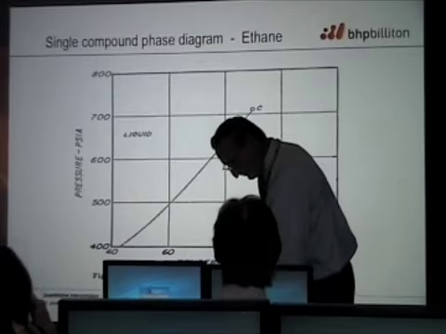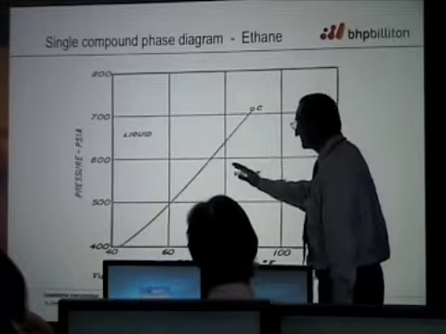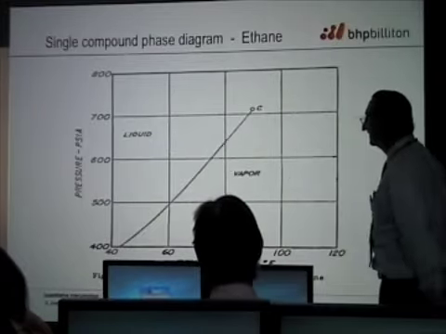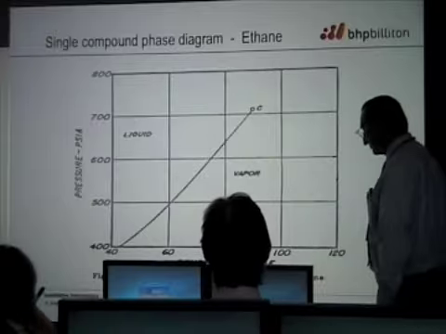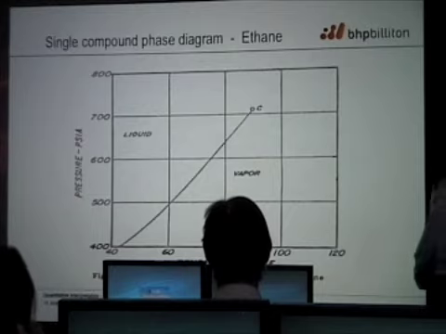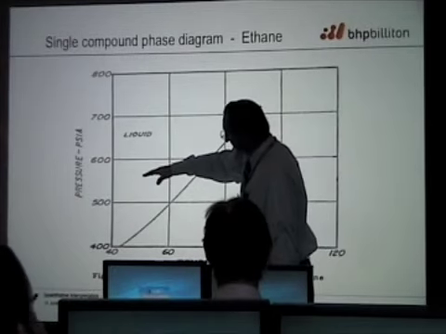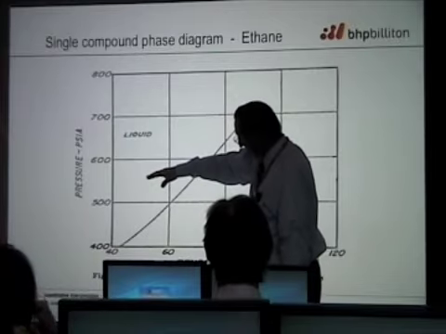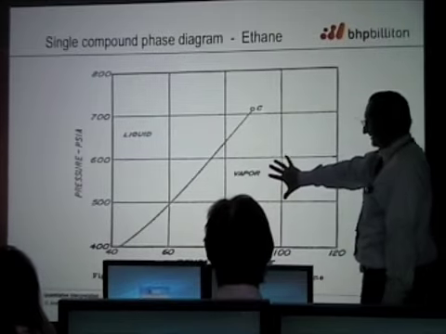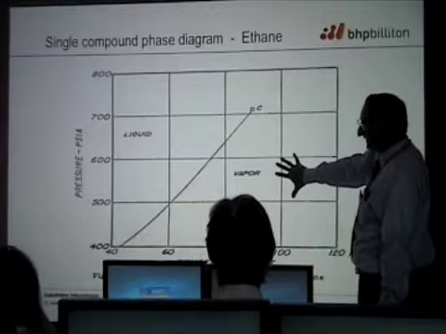In the ground, well, let's not talk about it in the ground. Let's just talk about a single fluid, let's say a single compound like water. I can have a pressure temperature diagram, a phase diagram, this is commonly called, and at low pressures and low temperatures, I have a liquid phase, and at higher temperatures and the same pressures, I will have a vapor phase.